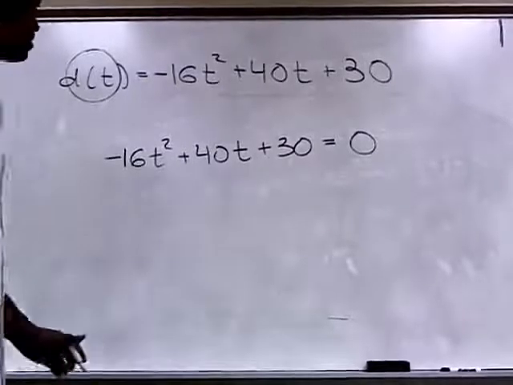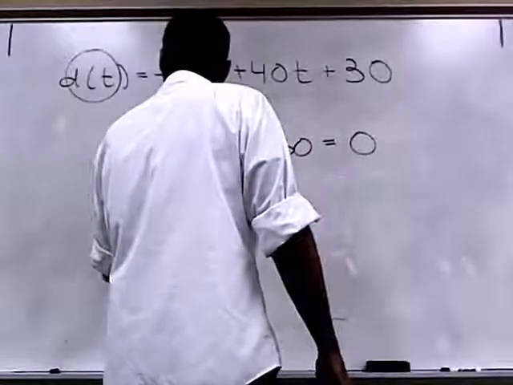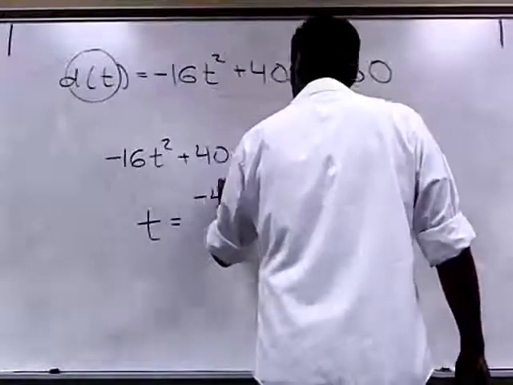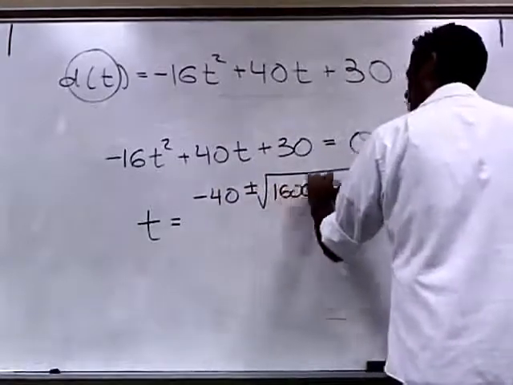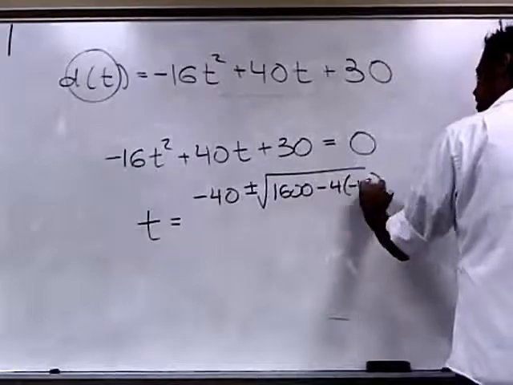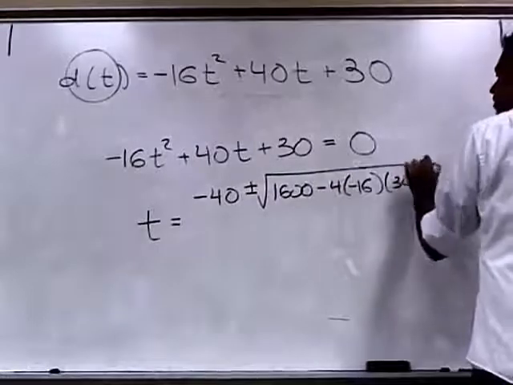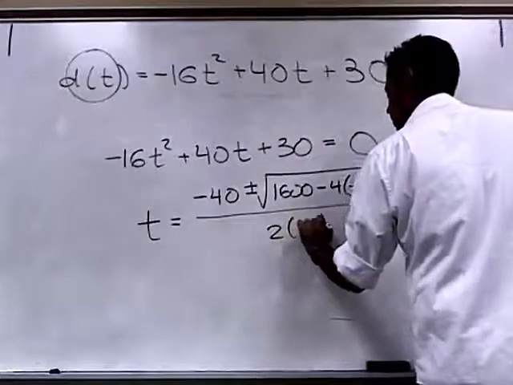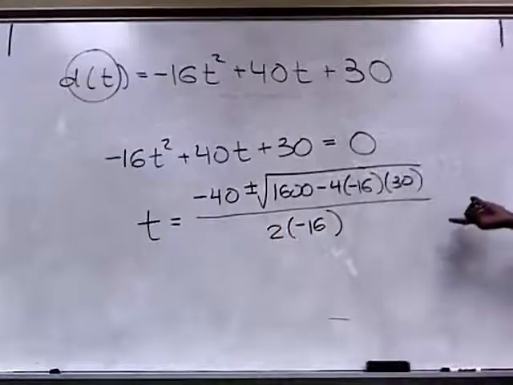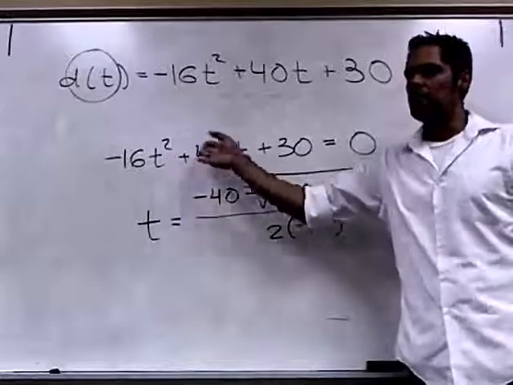What I'm going to do is quadratic formula. T will be equal to negative b plus or minus the square root of b squared minus 4 times a times c all over 2 times a. That look familiar? I'm using t instead of x because our variable is t.